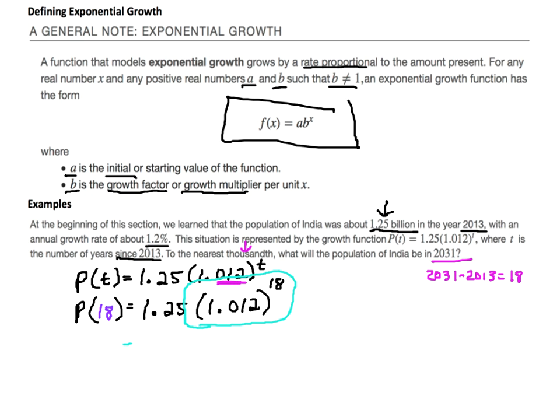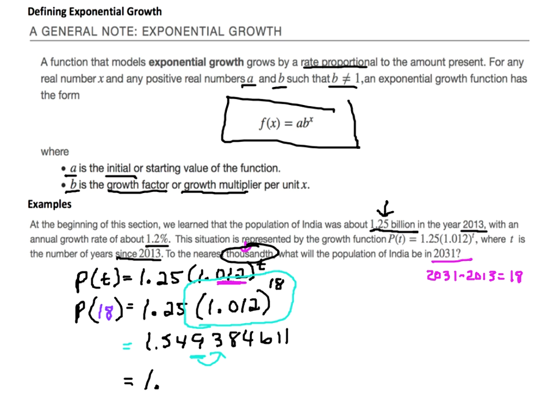Okay, so when I multiply those numbers together, I end up getting 1.549384611, and it says to round to the nearest thousandth. That is the third place after the decimal. So I'm rounding to this place. I look next door and I see a 3, and that says to leave it as it is.